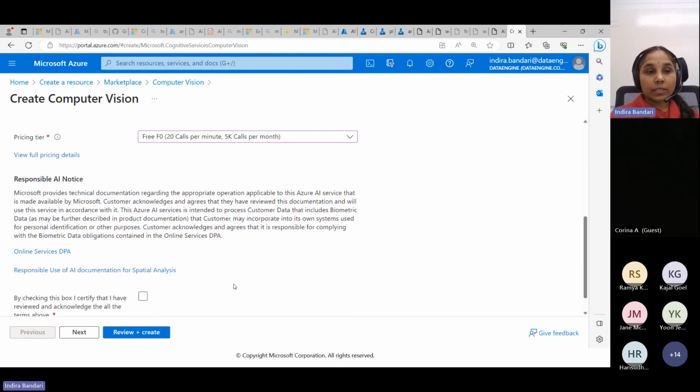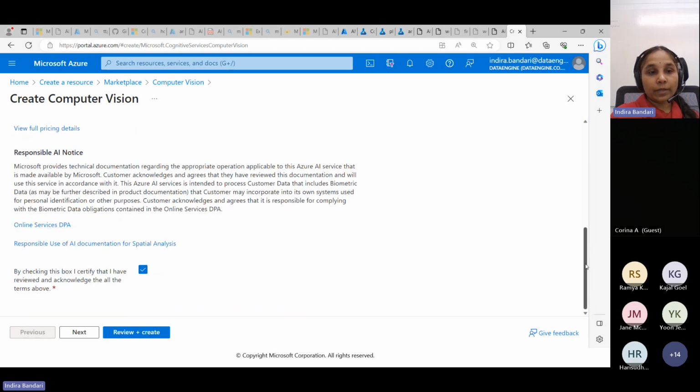So pricing tier and responsible AI, because this is a very delicate service, we have to click on I certify that I have reviewed and acknowledged all the terms above. Acknowledge. So what does it say?